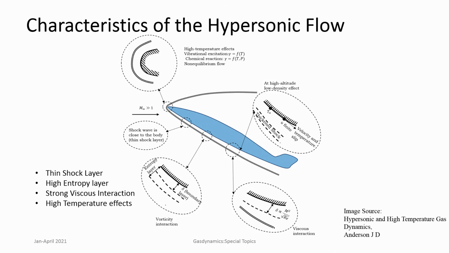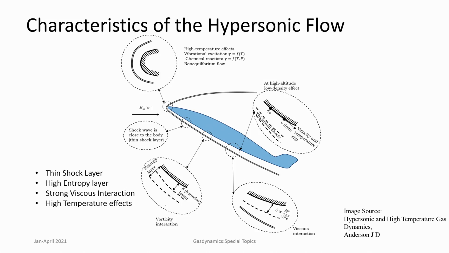Then the other is that you have very high temperatures, so high temperature effects like chemical reactions and non-equilibrium flow become important, and you have a very strong interaction of the viscous effects with the inviscid flow, and also the entropy layers become important. So, all in all, there are several physical features of this kind which are important, which we normally do not consider in supersonic flow.